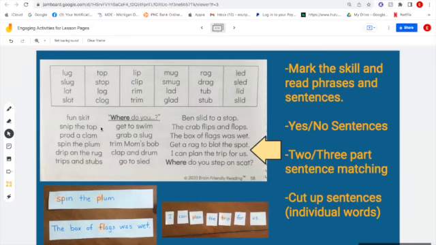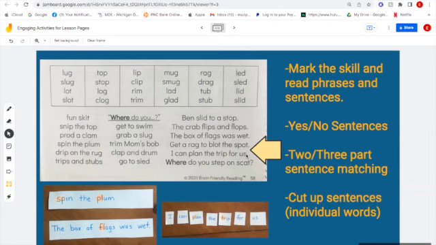Instead of using the lesson page, you can write these out on a strip of paper. Here I have "spin the plum." The child would mark the skill, in this case beginning blends, and then read that phrase. Same thing with the sentences: they would mark the skill, maybe highlight, and then just read that sentence.